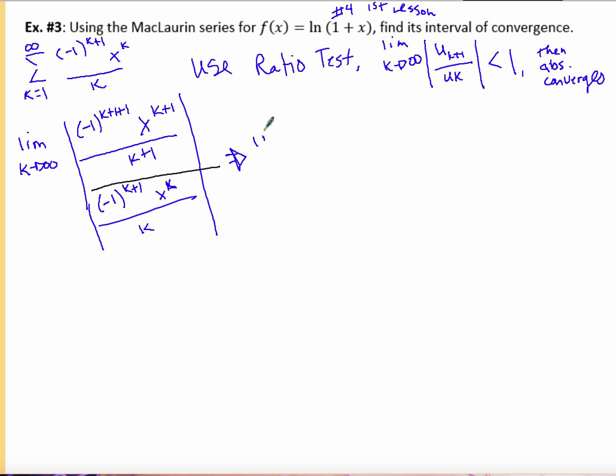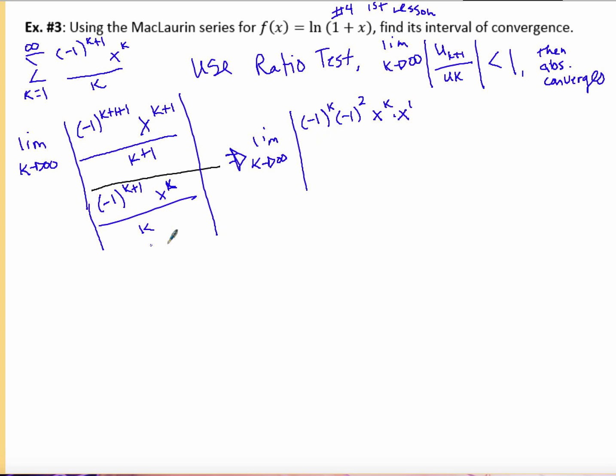So still we're taking the limit as k approaches infinity, and still it's an absolute value. I'm going to split things apart and simplify and divide all at the same time. So I've got negative 1 to the k power times negative 1 to the second power, right? Because 1 plus 1 is 2, and the rule for exponents says if you're adding your exponents, they must have originally had the same base and been multiplied. Then we've got x to the k power times x to the first power.